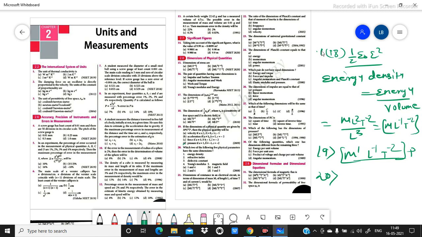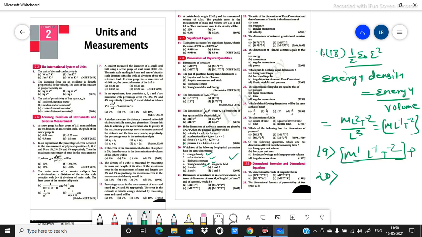For this you need to remember the dimensions of these five. If you don't know any dimension, then you can't proceed in this problem. Once you know all these dimensions, just by checking I can say the correct answer will be options 1 and 4, energy density and Young's modulus.